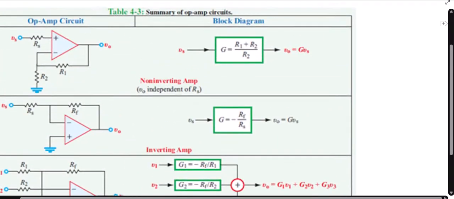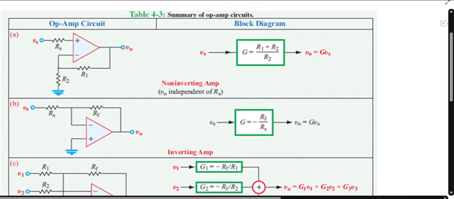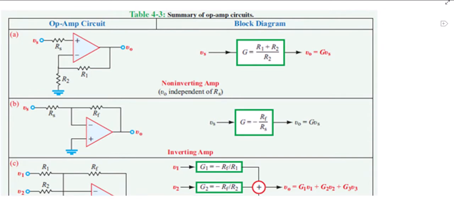of some different op-amps. So we have the non-inverting op-amp, which is the same as the non-inverting amplifier that you had on the first page.